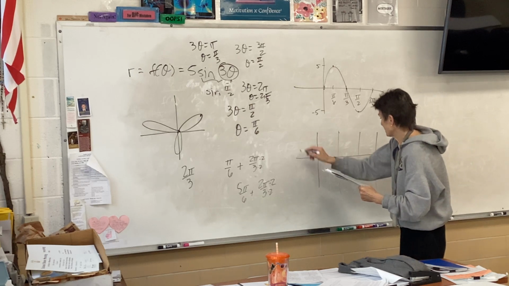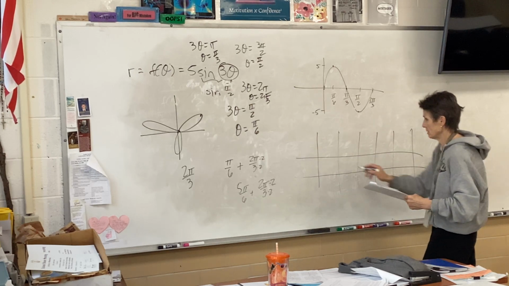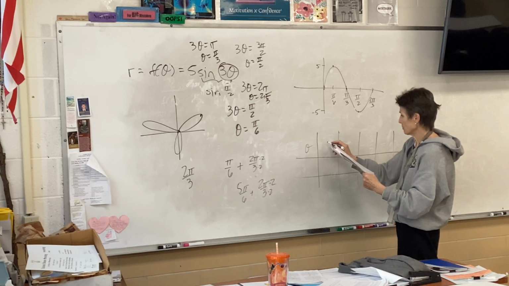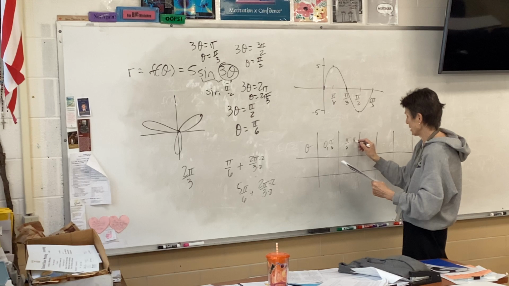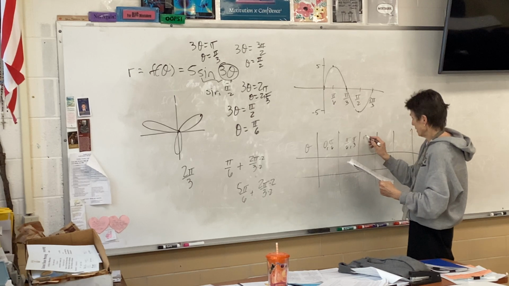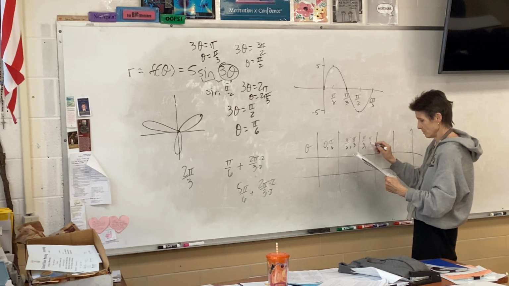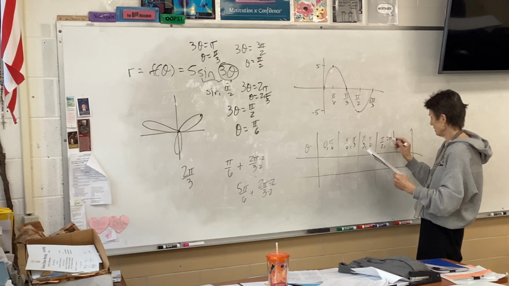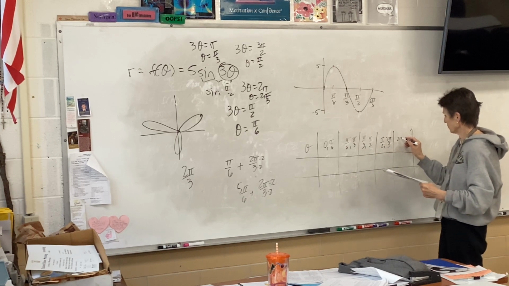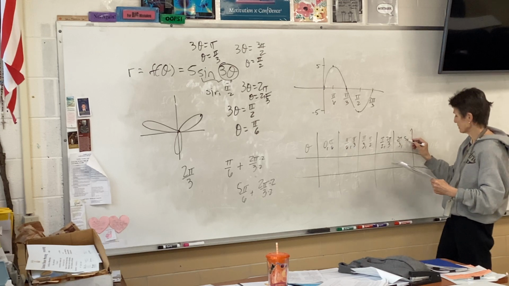So we've got theta values, and we're between 0 and pi over 6, pi over 6, pi over 3, pi over 3, pi over 2, pi over 2, 2 pi over 3, 2 pi over 3, pi over 6.